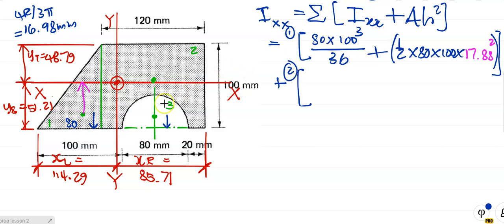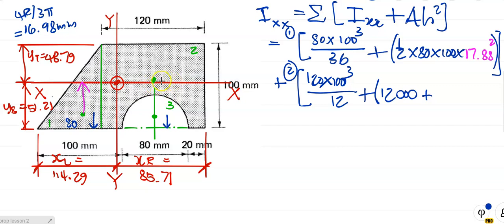Right. Ixx of the rectangle is BD cubed over 12, so it's 120 times 100 cubed over 12, plus the area. What's 120 times 100? That's the area there. Plus, what's h? H is the distance from the centroid of the element to the centroid of the whole cross section.